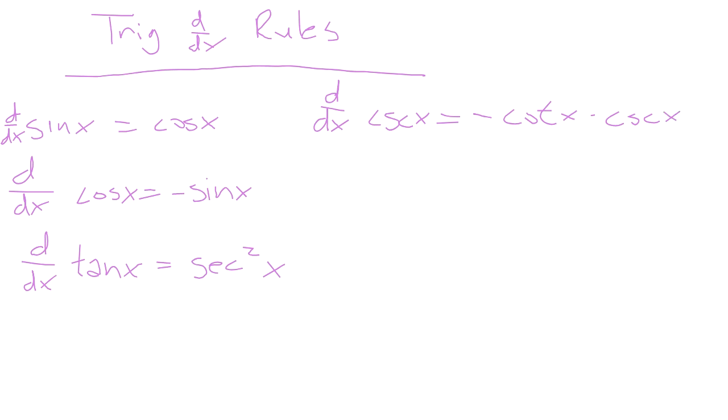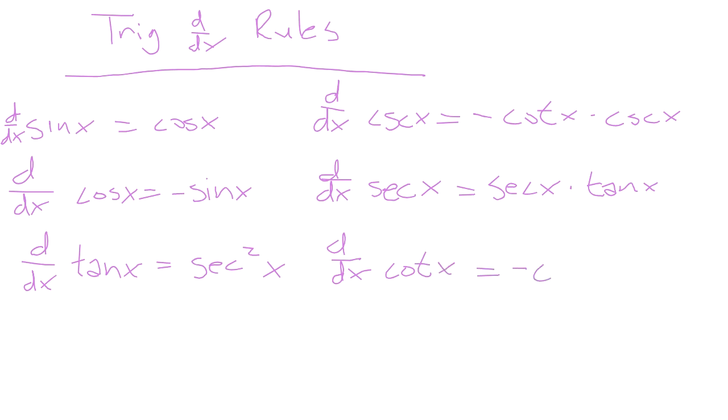The derivative of secant of x is equal to secant of x times tangent of x. And lastly, our derivative of cotangent of x is equal to negative cosecant squared of x.